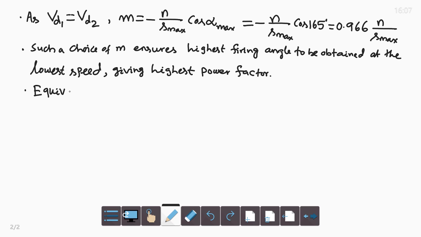Next, for analysis purpose, we will draw the equivalent circuit of the motor.